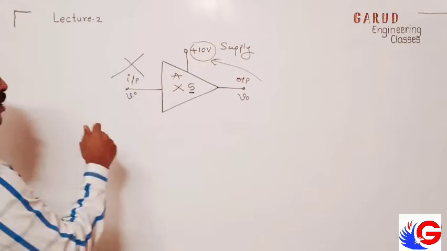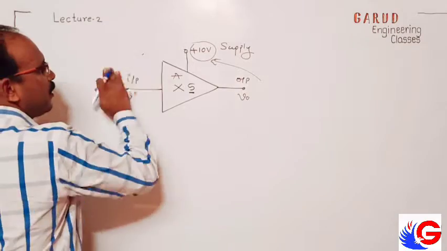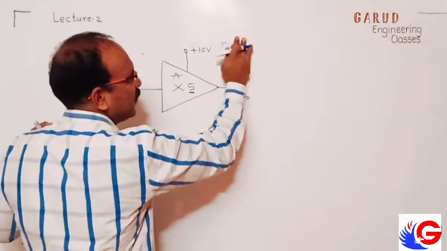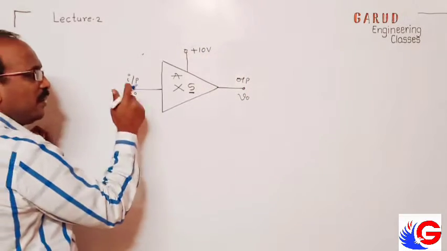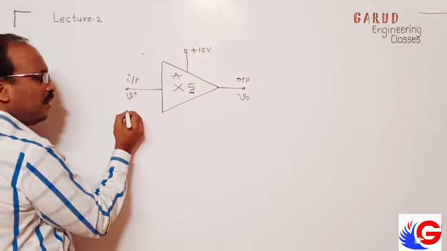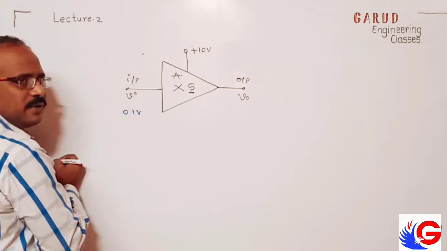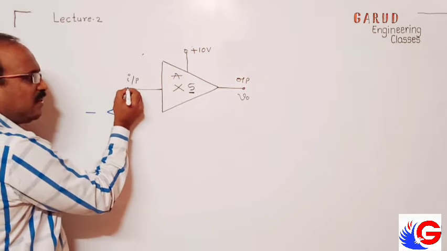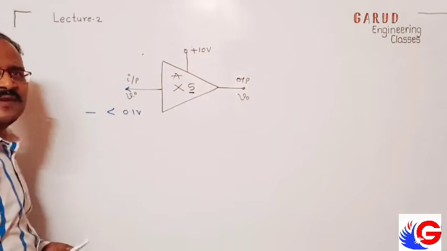Here I put one restriction or condition on this. This amplifier cannot pick up signal less than 0.1 volt. If signal is less than 0.1, this amplifier will not pick up that signal.